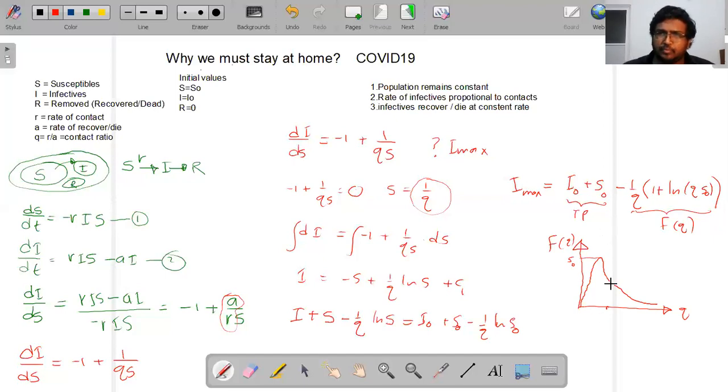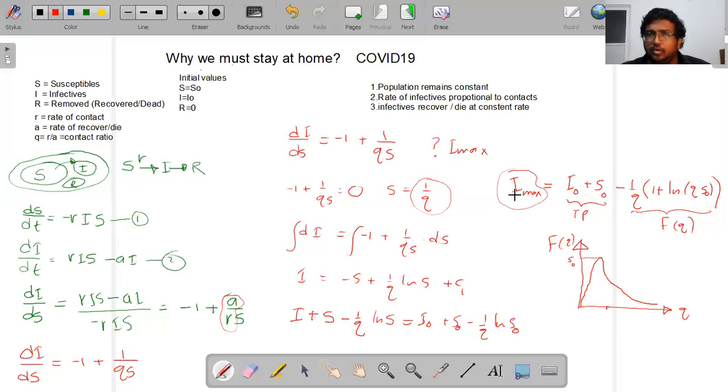But what I want you to consider is this portion, the function part f of q. If you want to keep this maximum value as it is, as a very big value, we can let it be, it's okay.